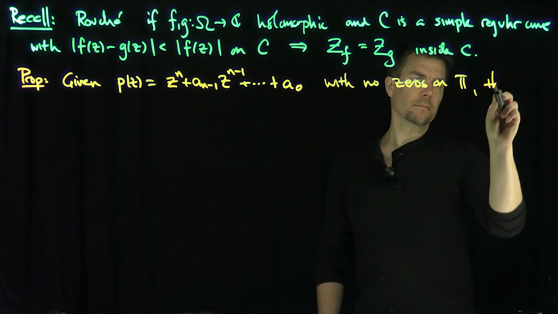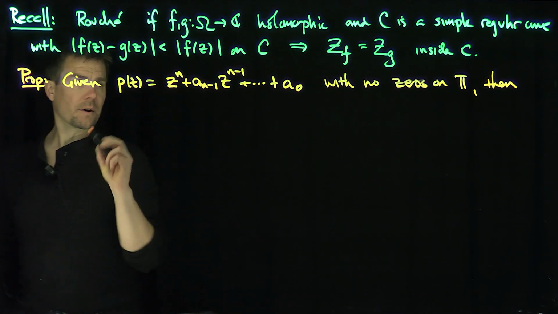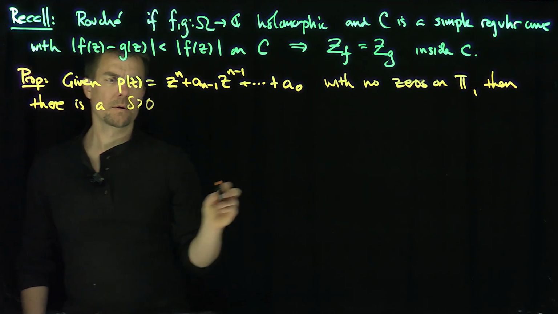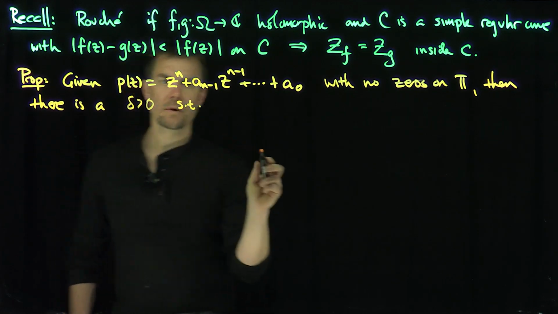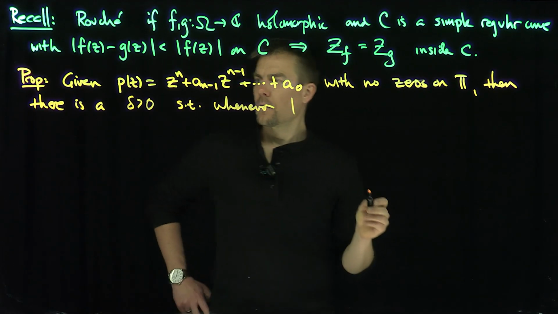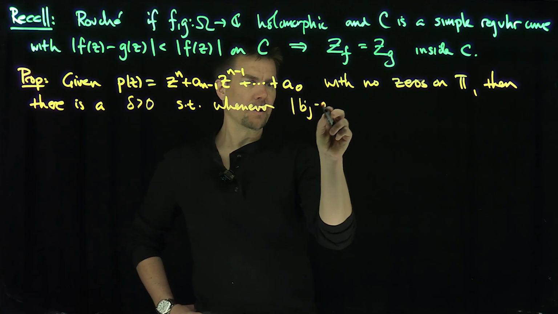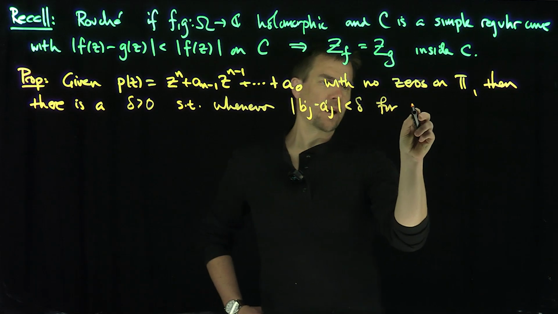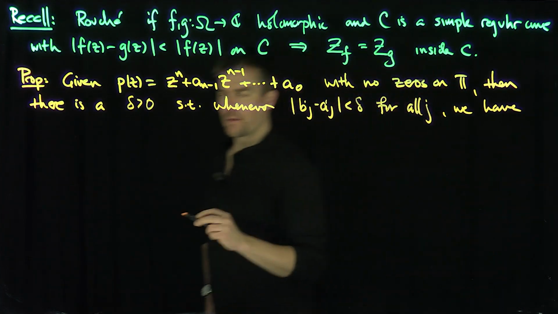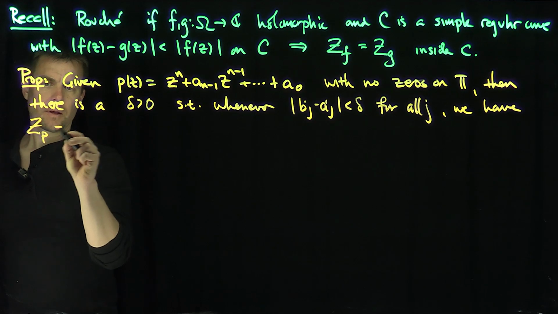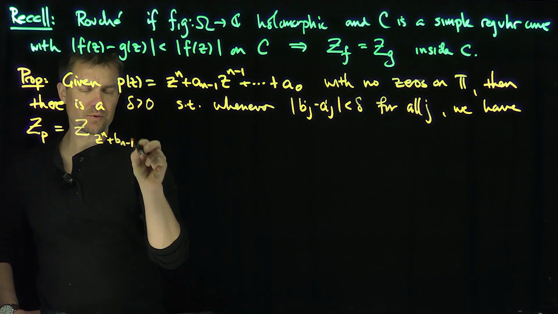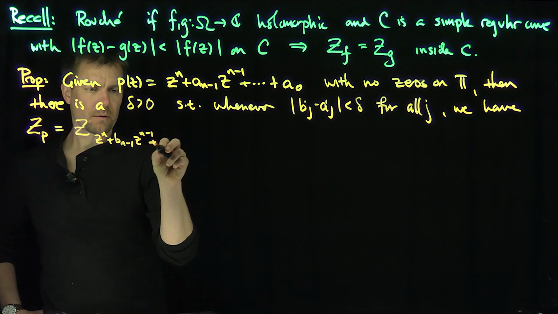then there is a delta such that whenever |b_j - a_j| < delta for all j, we have that the number of zeros of p is equal to the number of zeros of a new polynomial, z^n + b_{n-1} z^{n-1} all the way down to b_0.